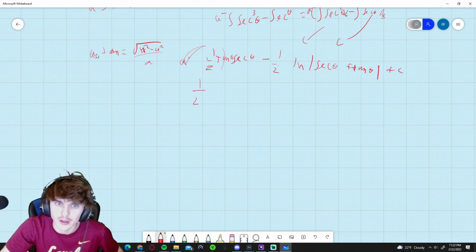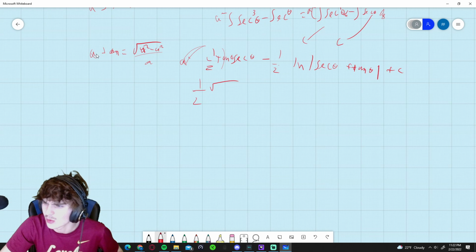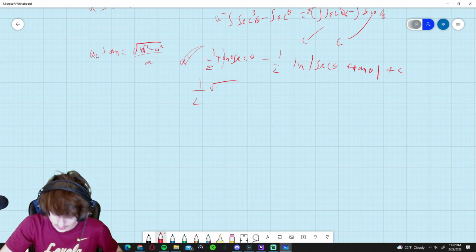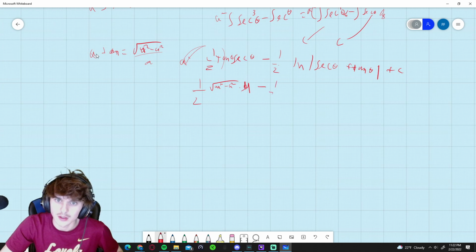So then you have 1/2 squared. This is the part that's confusing me. I'm not sure I did this right. I just have 1/2 because it's tangent, and then it's u squared minus a squared times u, because secant is just u, minus 1/2 a squared ln absolute value of u plus square root of u squared minus a squared.